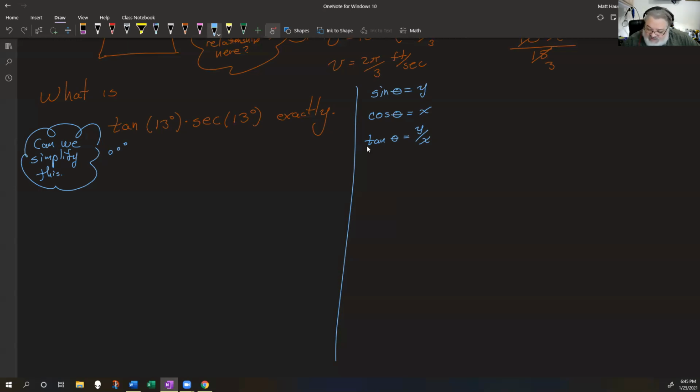Well, if the tangent was supposed to be the y values over the x values, and the y values are supposed to be the sine function, and the x values are supposed to be the cosine function, that means that we can take, anytime we want, the tangent function and break it up into sine values divided by cosine values. Does that seem reasonable?